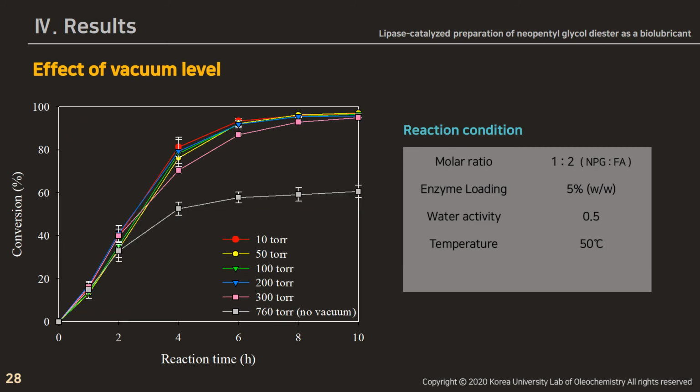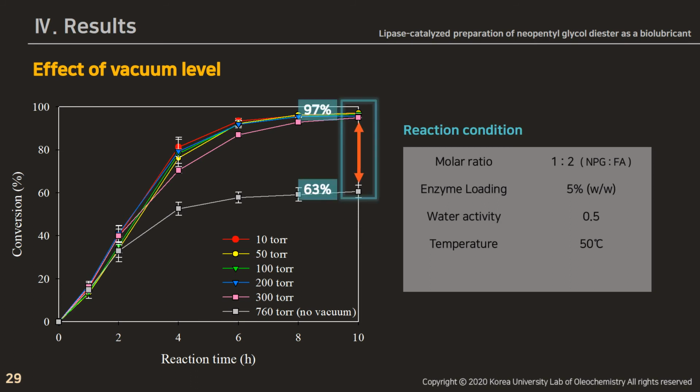Fifth, the vacuum level. To remove water for preventing undesired reactions like hydrolysis, a vacuum system was used in this reaction. Maximum conversion of 63% was obtained under no vacuum at 10 hours.